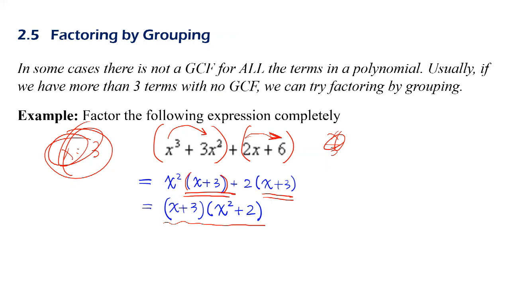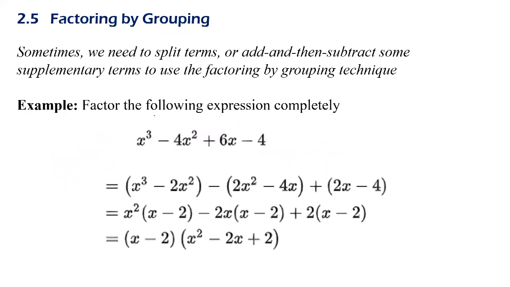All right, let's have a look at another example. For example, factor the following expression completely. Okay, so this time it's a little bit trickier because the ratio between the first two terms is not equal to the ratio of the last two terms, right?